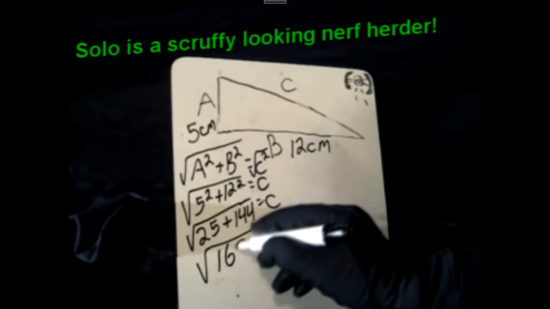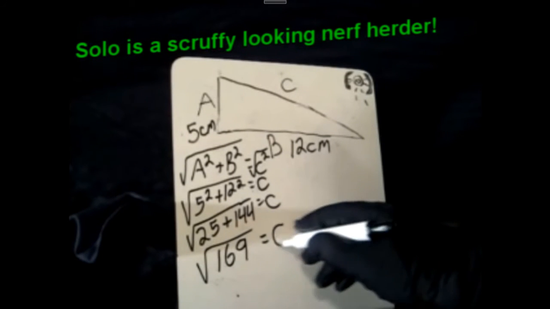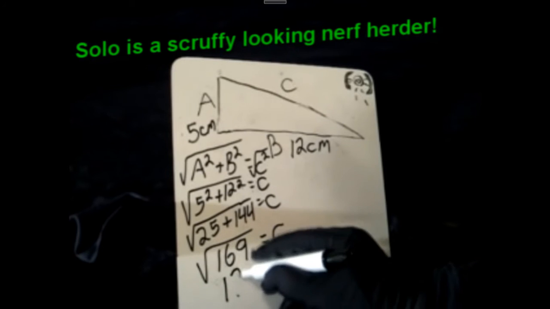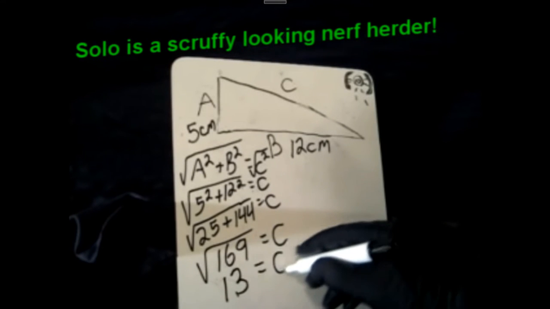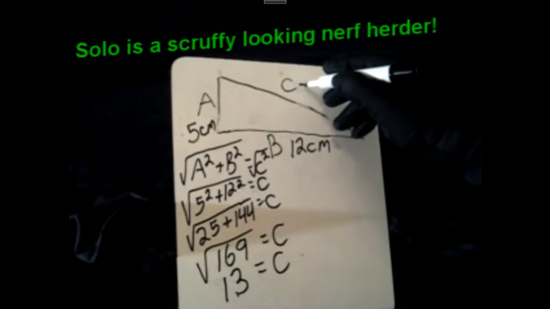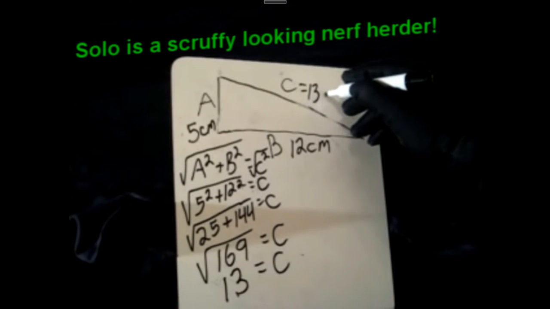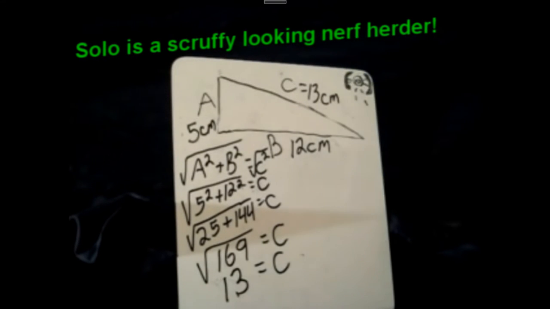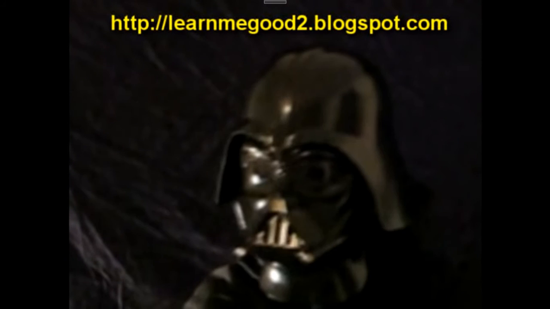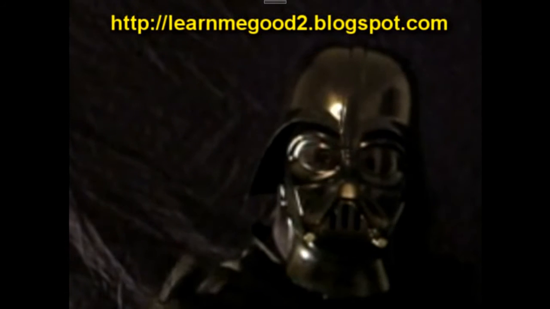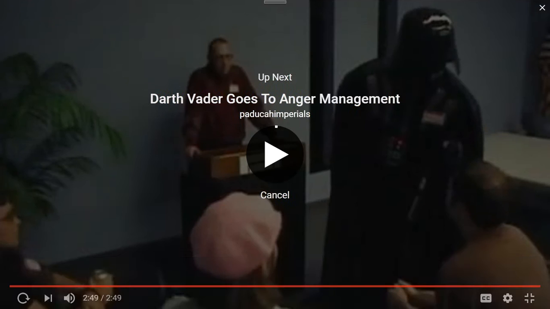Square root of 169 equals C. I have you now. 13 equals C. The circuit is now complete. The hypotenuse of this triangle is 13 centimeters long. Impressive. Most impressive. Just remember, kids, don't be too proud of this geometrical terror you created. The ability to calculate the length of the hypotenuse is insignificant next to the power of the force. Vader out.